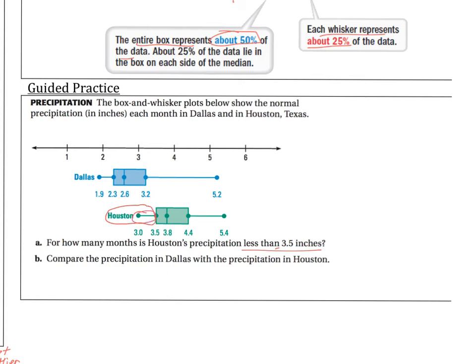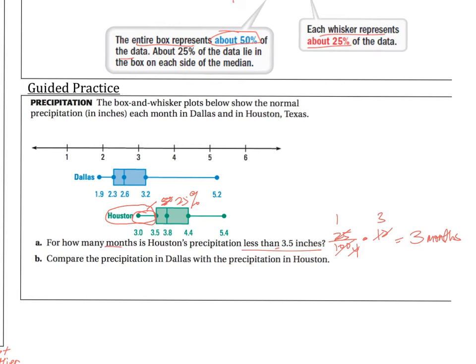Well, actually this part, okay? And I know that this represents 25% of the data. And there are 12 months in a year. So I'm going to take 25% and multiply that by 12. So about 3 months. Houston received less than 3.5 inches.